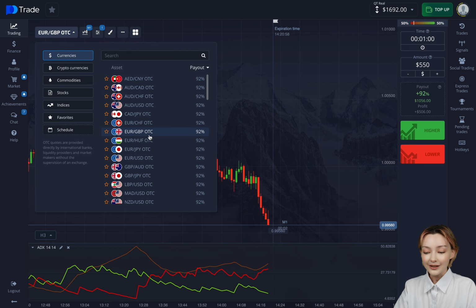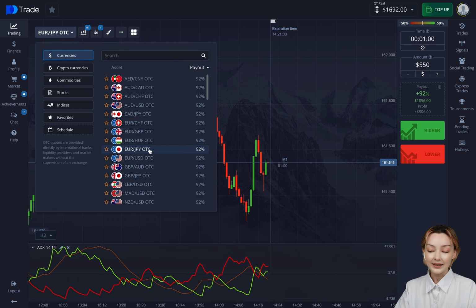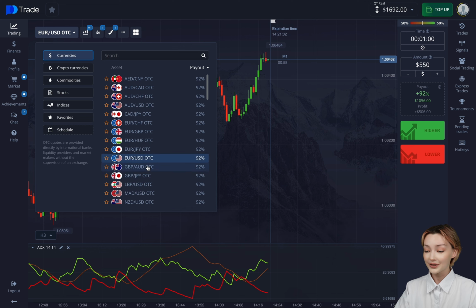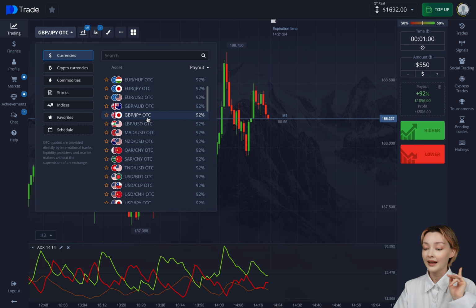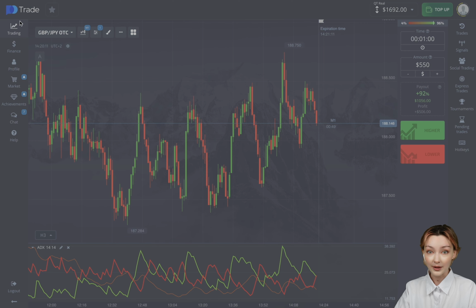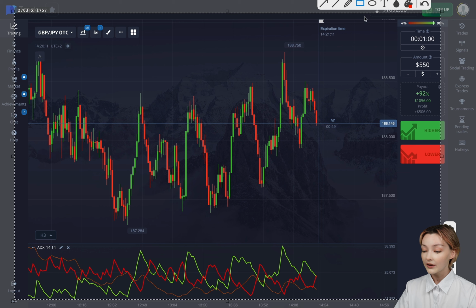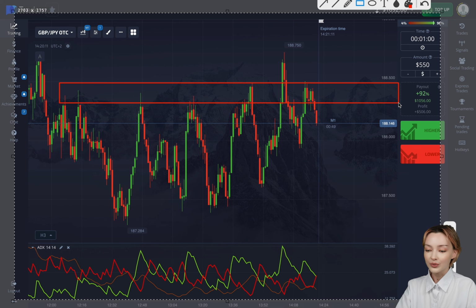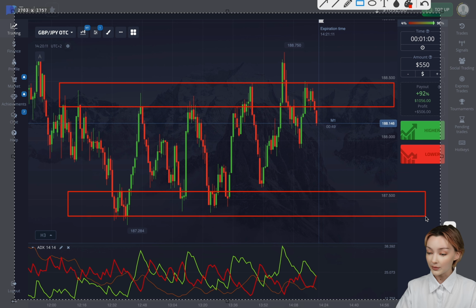Now I suggest we take a look at currencies that I would definitely abstain from trading. There's actually a bunch of them, and they are quite easy to confuse with the ones I do trade. Let's take, for instance, this currency pair as an example. What can we see here? For starters, there's a sideways motion with certain top and bottom borders.